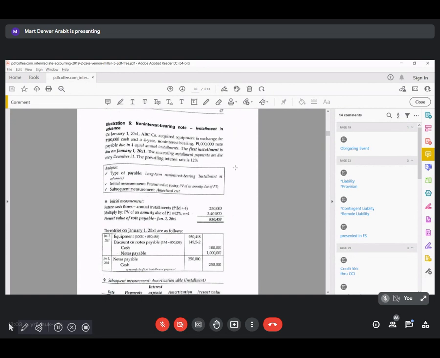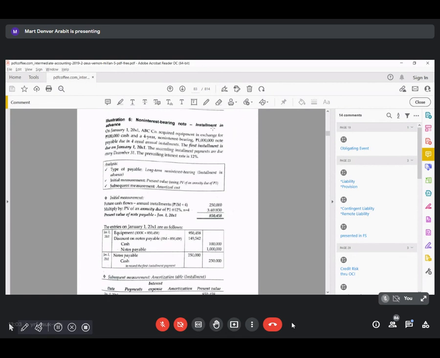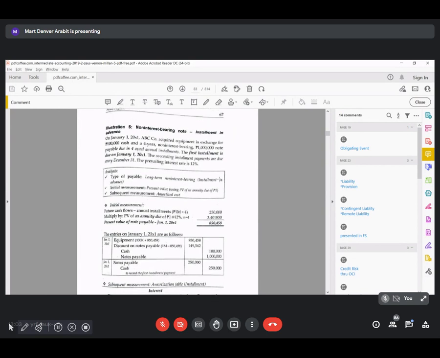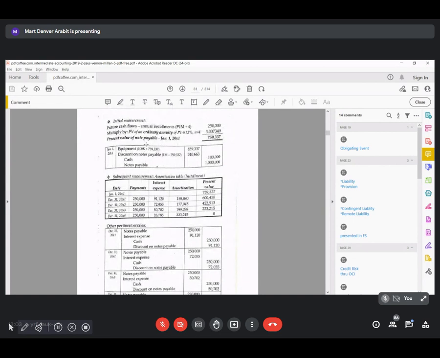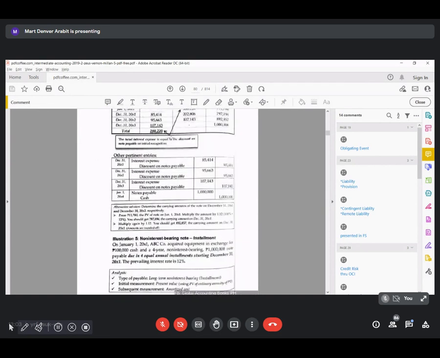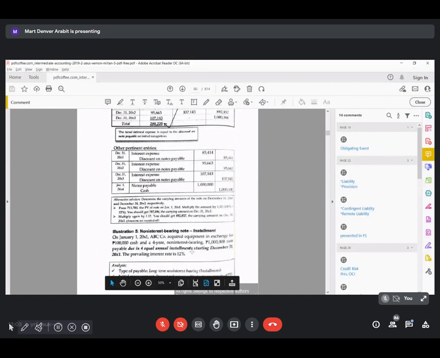Next is a non-interest bearing note installment in advance. So this time naman, di ba dito sa example natin, on January 1, 2020, example. On January 1, 2021, nag-start mag-accrue yung interest.